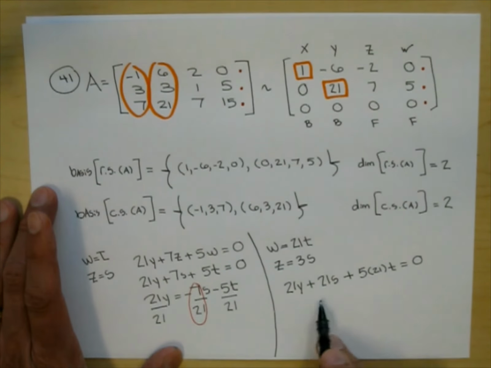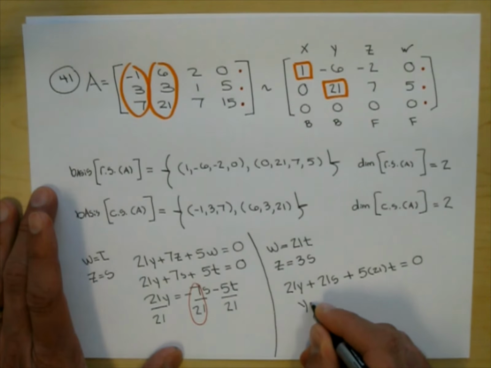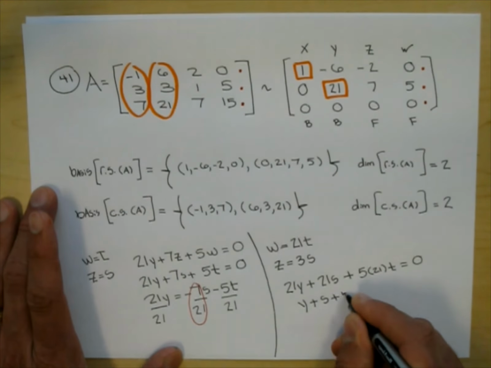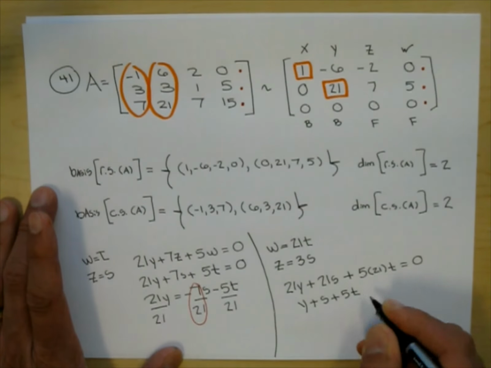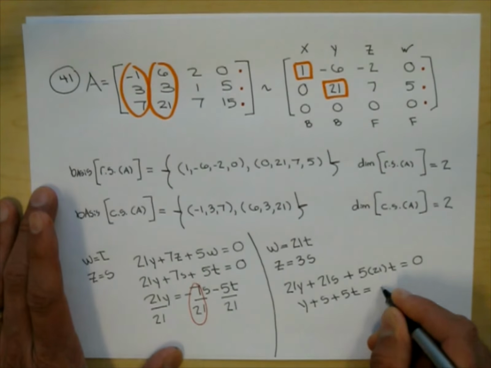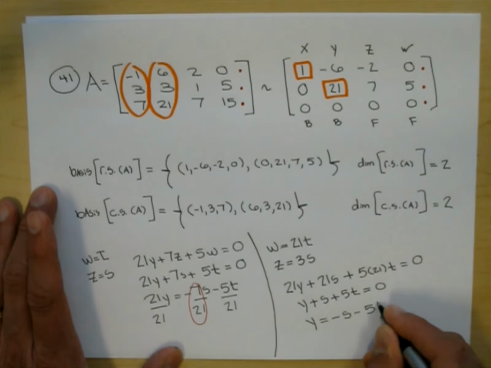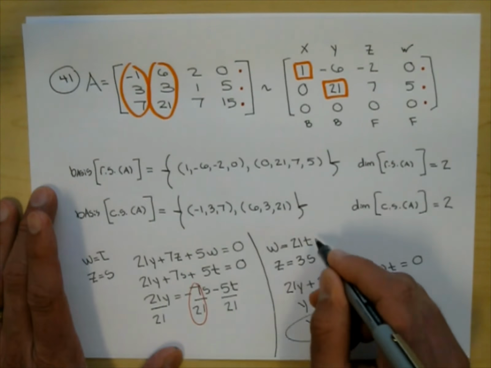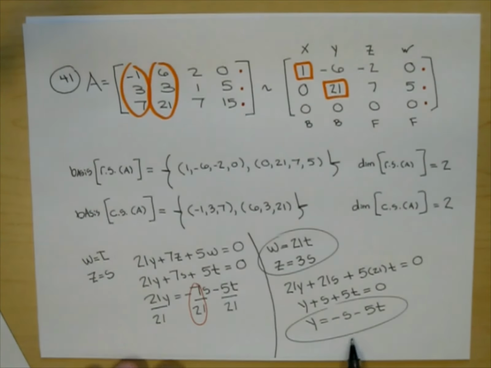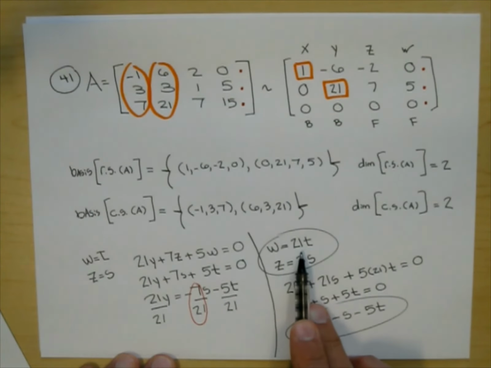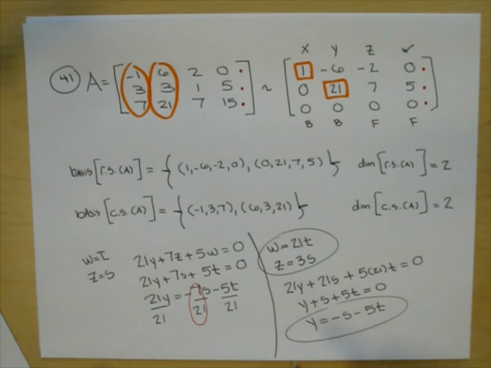So the 21s can be divided out, and I have y plus s plus 5t equals 0. And so y equals negative s minus 5t. Okay, so that looks a little better. Now, the payoff is there's a 21 there, and that's kind of crappy. Let's go ahead and finish this up now.